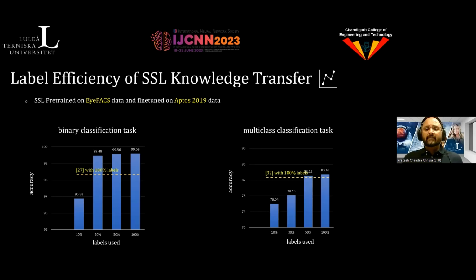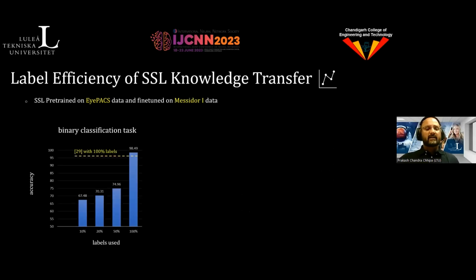Similarly, with 50% of the label examples, we are able to outperform the previous works.